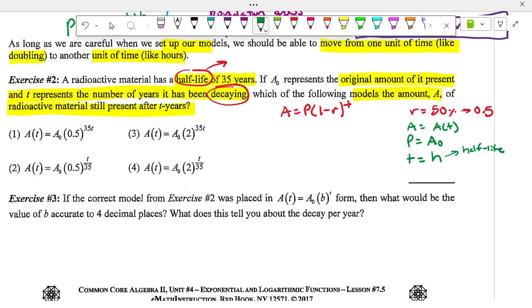If I plug everything into my equation, I have A of t is equal to A of 0 times (1 minus 0.5) raised to the h power. So h is the number of times I halve my population, in terms of 35 years. If it halved once, 35 years have passed. If it halved twice, 70 years have passed, and so on. If I clean this up a little bit, I get A of t is equal to A0 times 0.5 to the h.